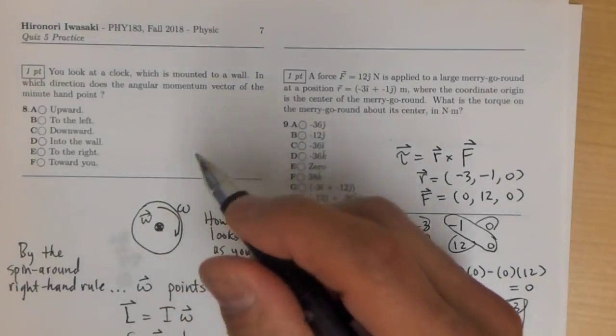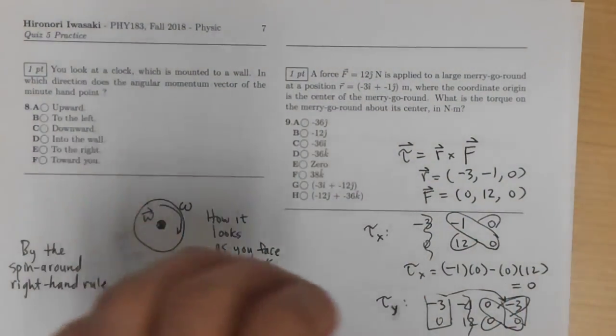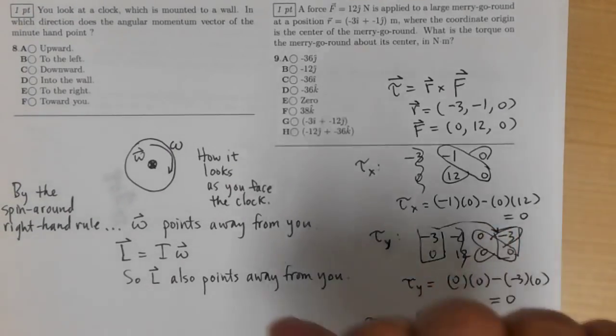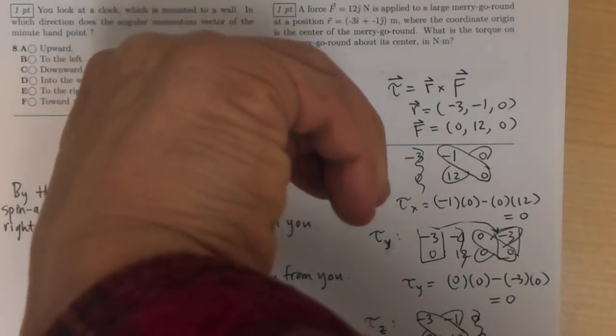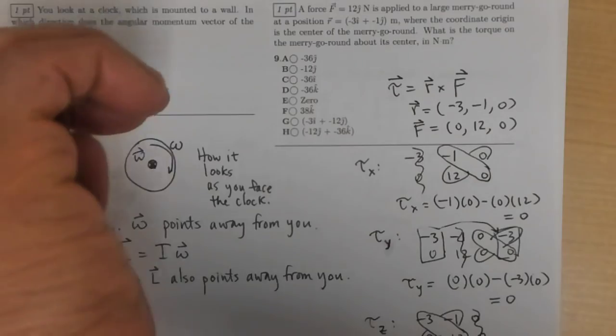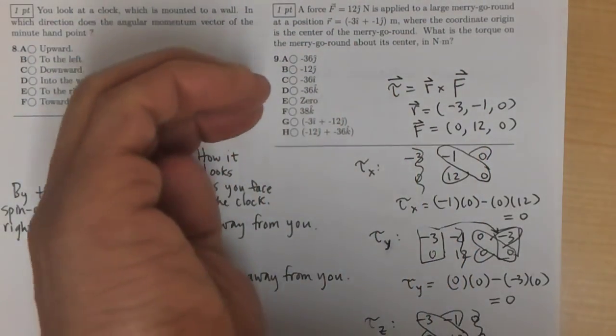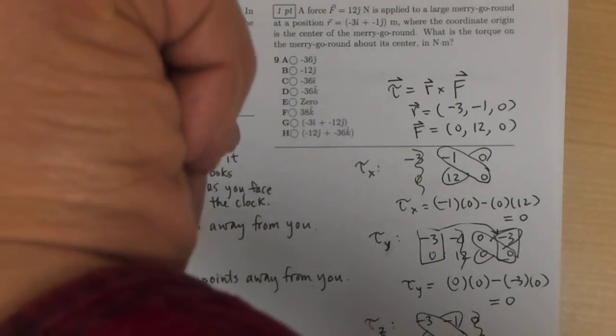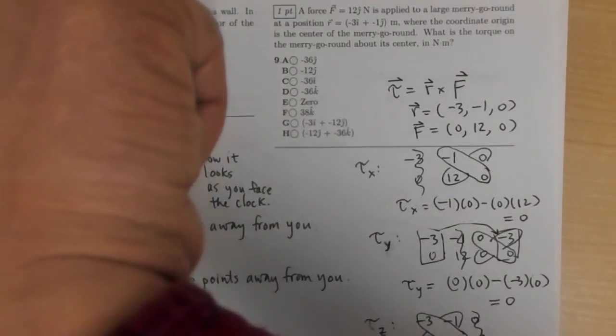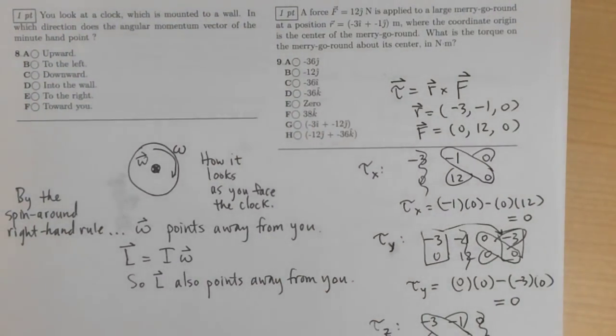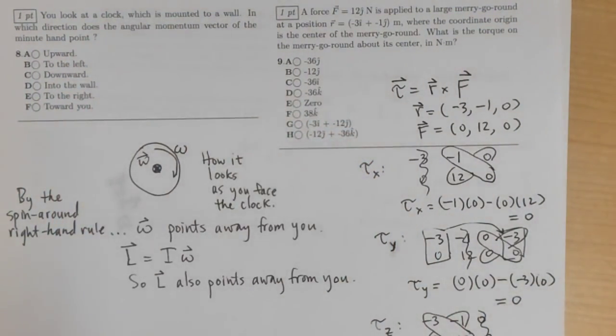So omega is going this way. By the spin-around right hand rule, you cup your fingers so that they go in the direction of the spinning, not this way, that would be opposite. You have to go this way. Then you stick out your thumb, and it's going into the page. But that's not how they're describing it here.